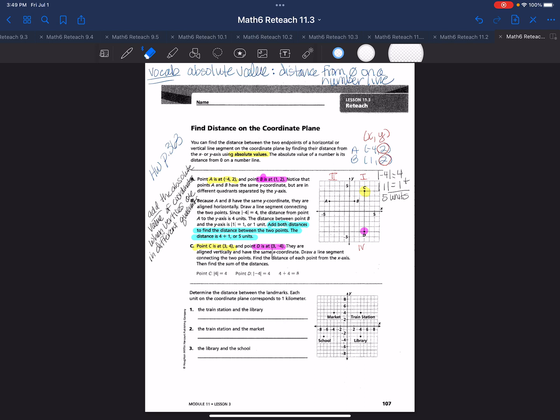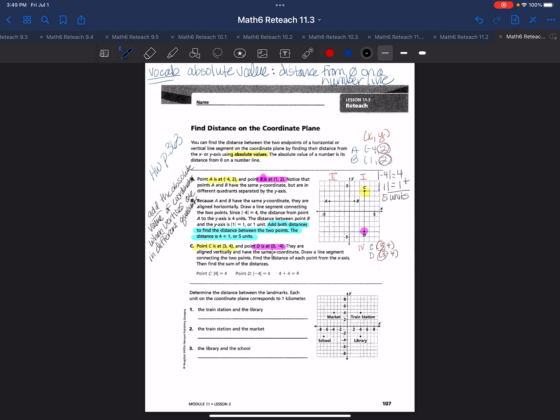So C would be 3, 4, and D is 3, -4. And you can see here that they have the same x coordinates. So when they have the same x coordinates, they are aligned vertically. So then we need to take the absolute value.